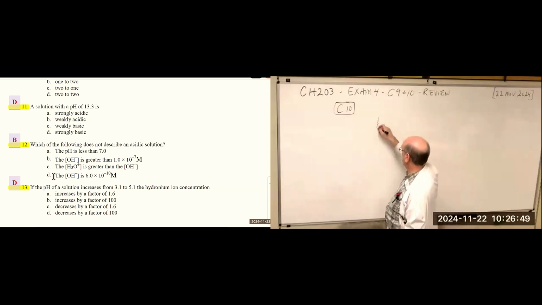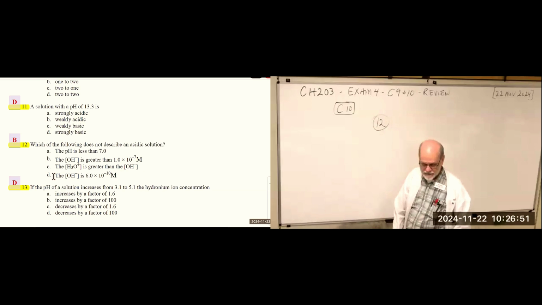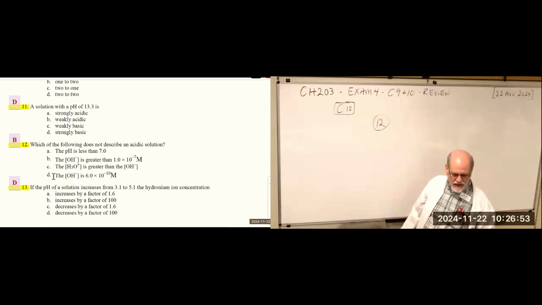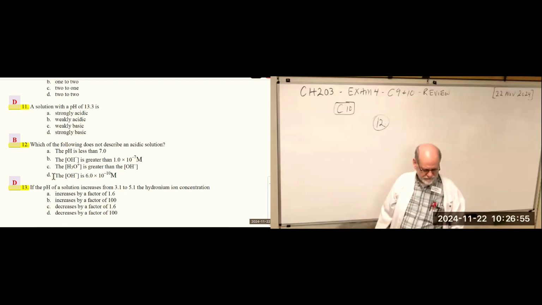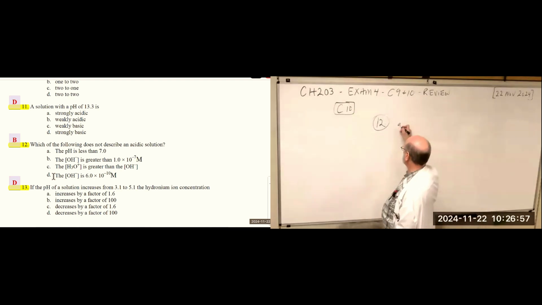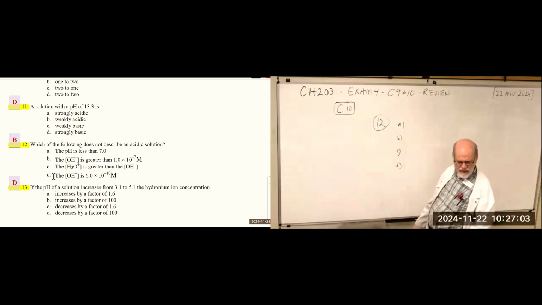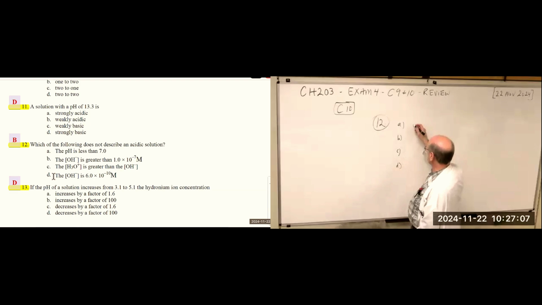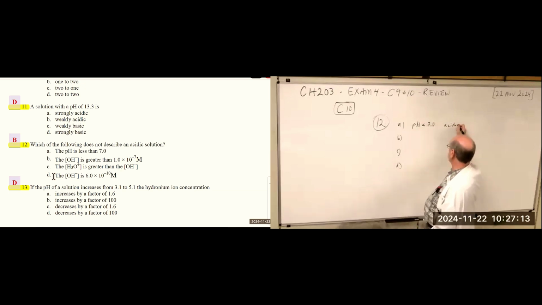12. Which of the following does not describe an acidic solution? Ooh, okay. A, B, C, and D. All right, the first one is pH is less than 7. That's an acidic solution. pH less than 7 is acidic.